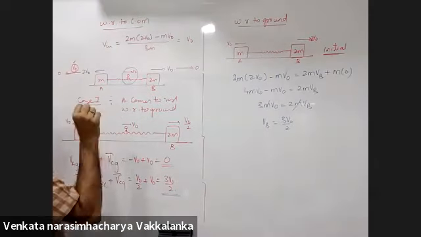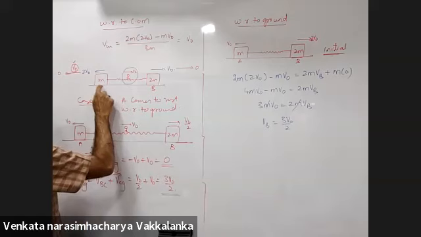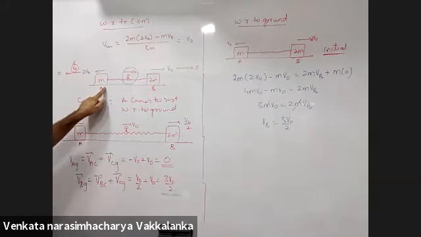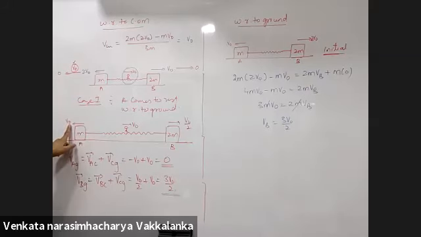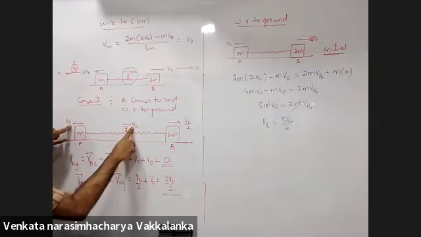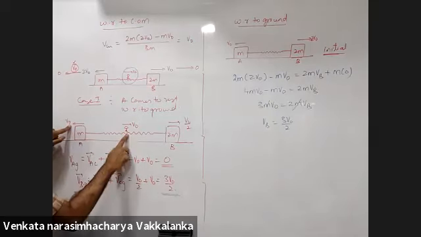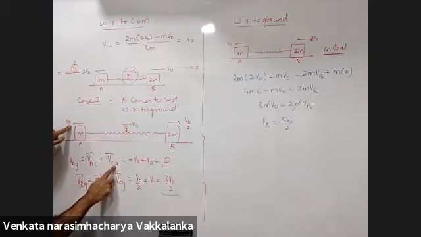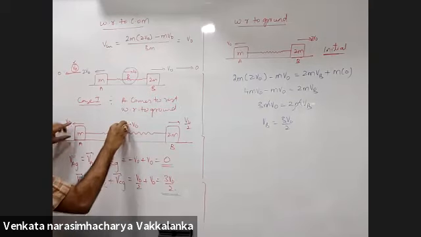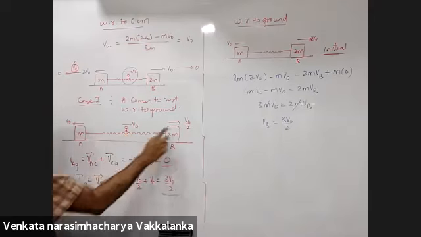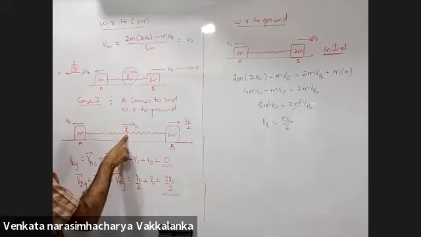A comes to rest. That means, with respect to center of mass, how much should the velocity of A be? V naught, equal to that of center of mass and opposite. Yes, sir. A will come to rest. Velocity of A with respect to center of mass plus velocity of center of mass with respect to ground, summation of both will become 0 only if both are equal and opposite. Now that I know the velocity of A with respect to center of mass, what will velocity of B with respect to center of mass be?